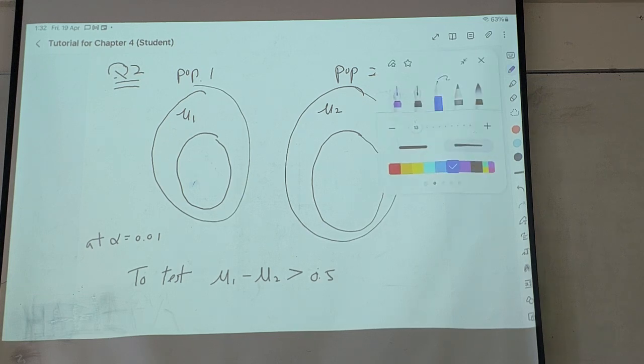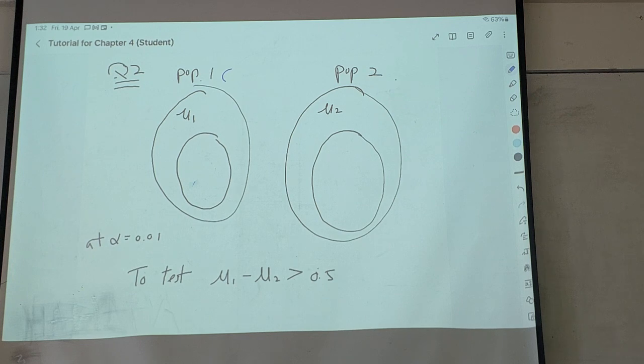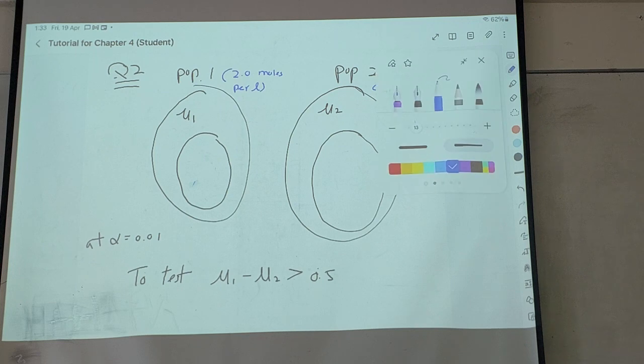Okay, this population 1 indicates the substrate concentration is 2.0 moles per liter. Okay, we write the chemical terms up. This is 1.5 moles per liter. Okay, now then we gather all this information.